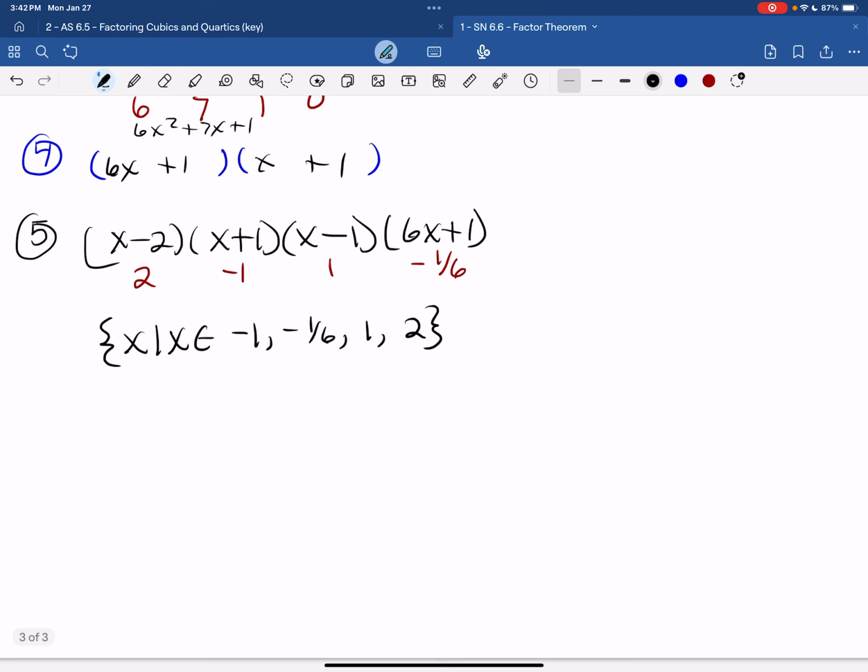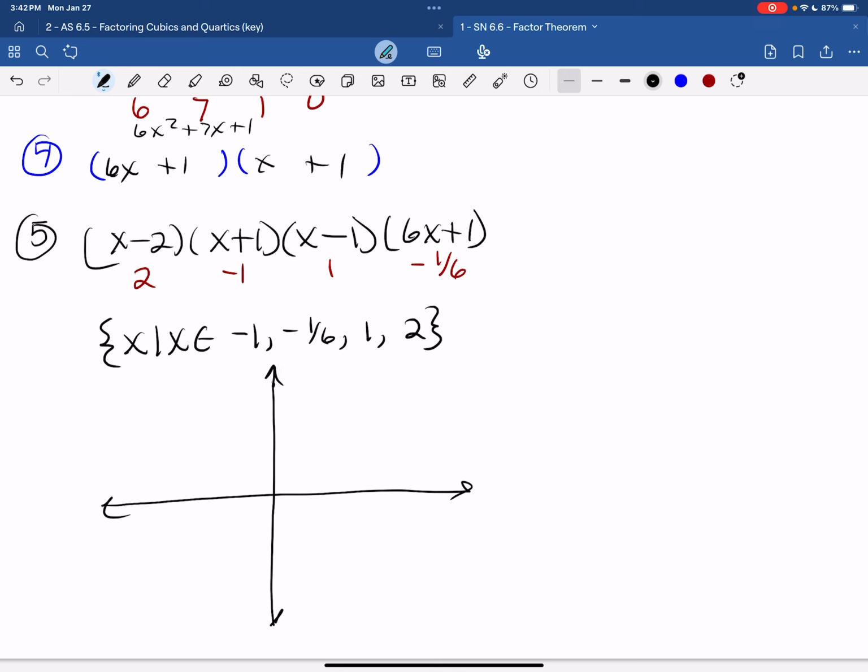All right, last thing we're going to do is we're going to graph this. Okay, and so the nice thing about having these in set notation is that I already have my x-intercepts. All of these are x-intercepts because they're solutions, and they're already in order, so I can just put them right down there on the x-axis.